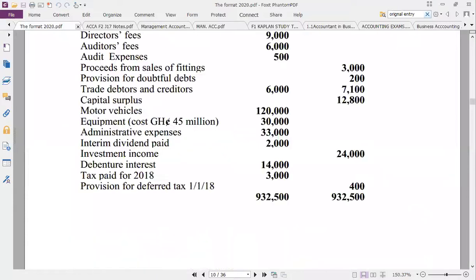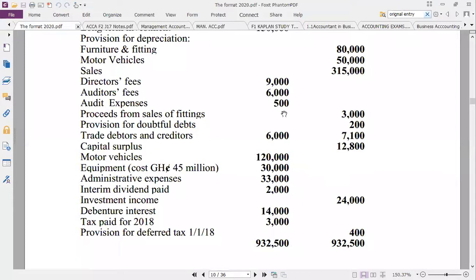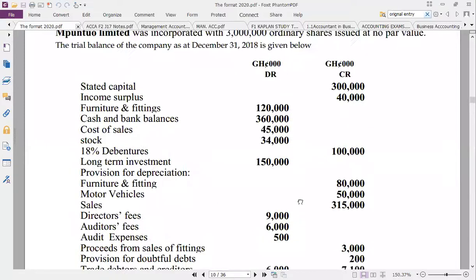Now let's go straight to question 3. So this is the question. We are solving this without the footnotes, so that you tell me where each of the items will be treated and recognized.